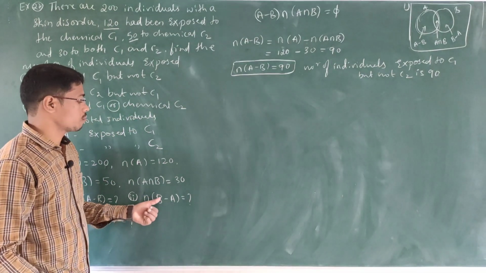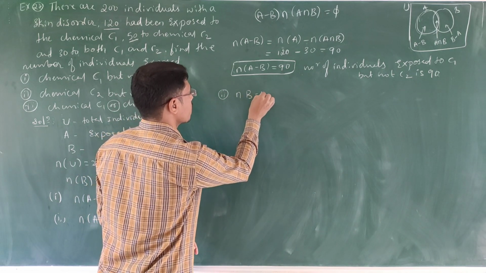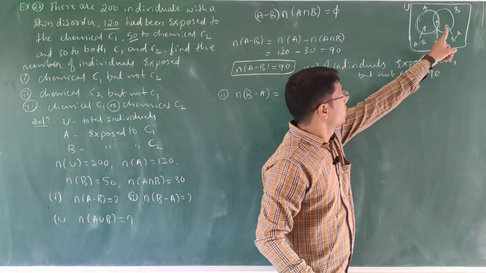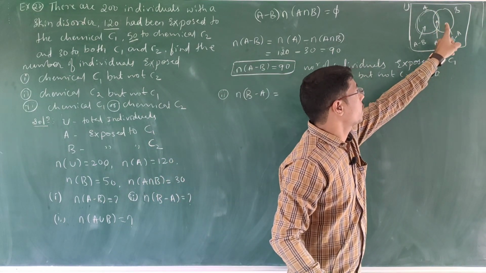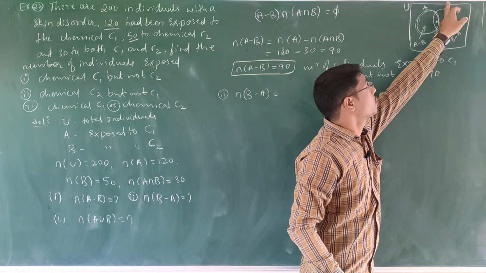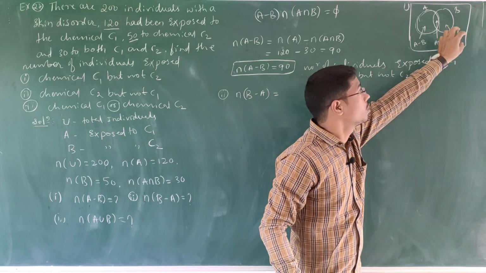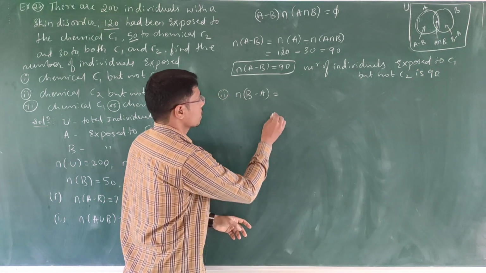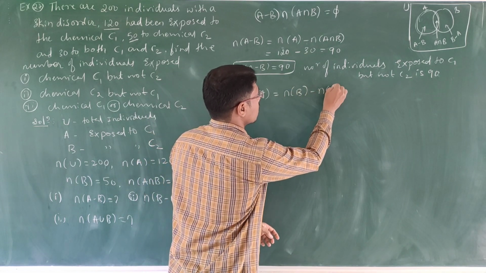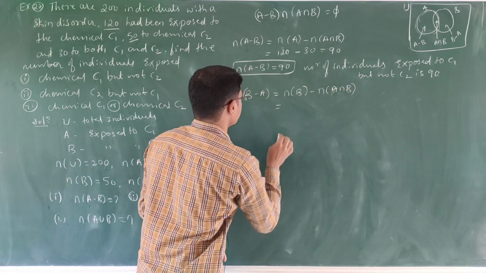Second one, N of B minus A. In the total set B, if we subtract the intersected area, we will get B minus A, that is N of B minus N of A intersection B. What is N of B?